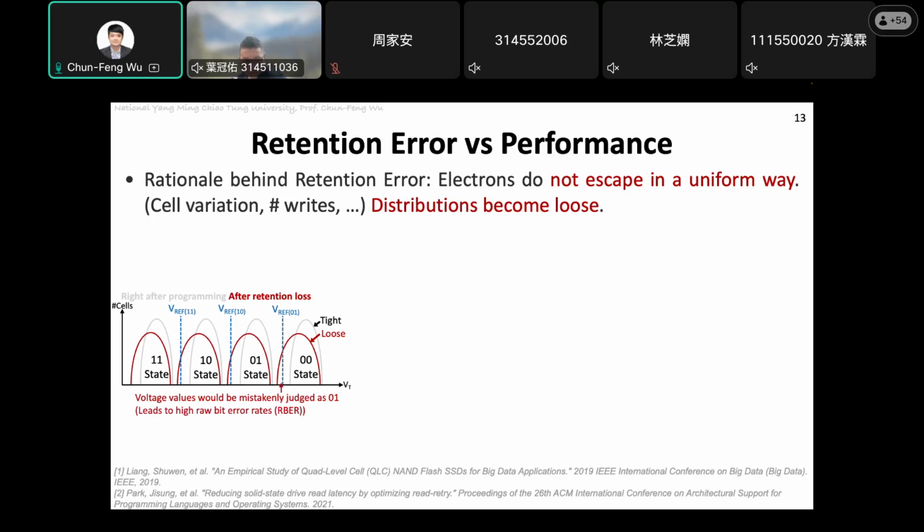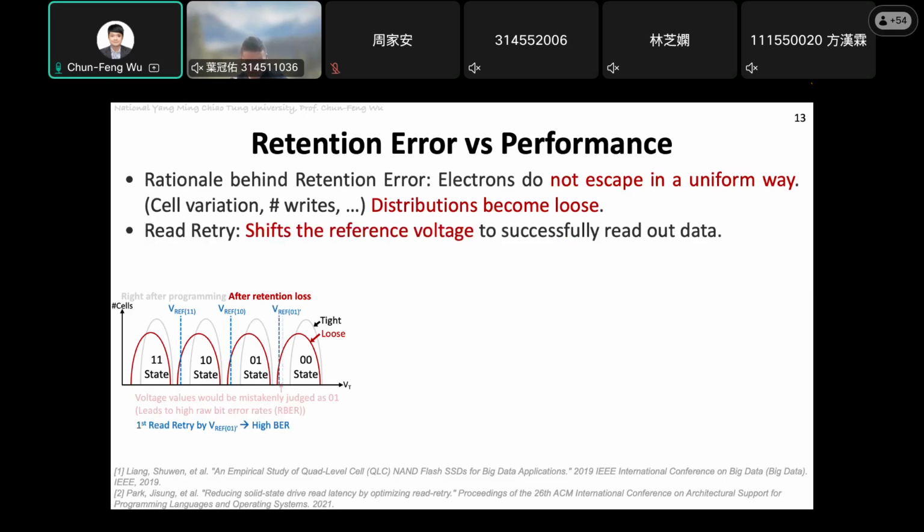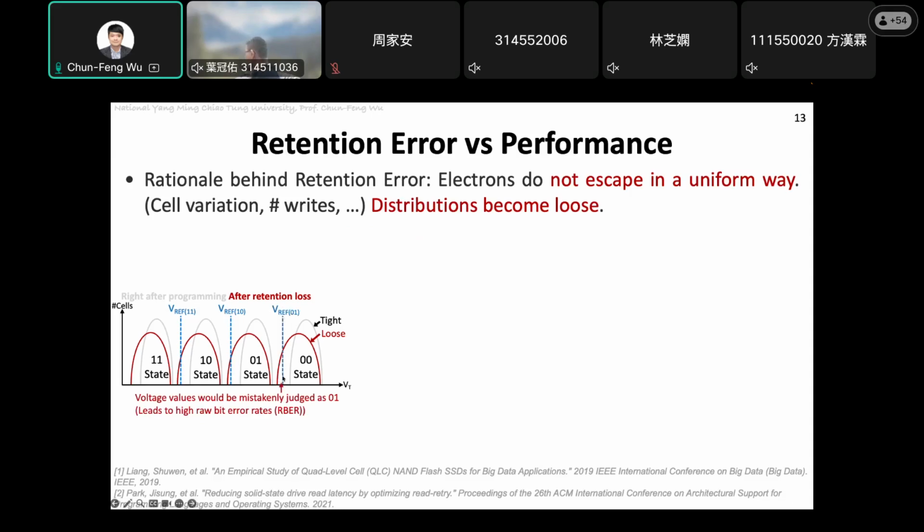So how do we deal with this issue? Actually, we can use something called retry. If you use 2 volt to read out, and you see there is a very high error rate, then you know this voltage value is not appropriate now. You should change the voltage value for reading the data.